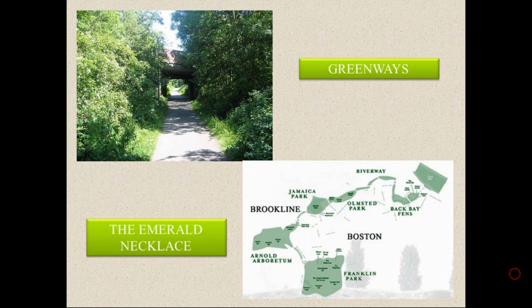Just a classic example is the Emerald Necklace in the Boston area. And since they have conferences in Boston, they have sessions on the Emerald Necklace. So once or twice, not routinely, but we've seen a question come up on an example of a greenway being the Emerald Necklace in Boston. Hasn't come up a lot, but it's come up.